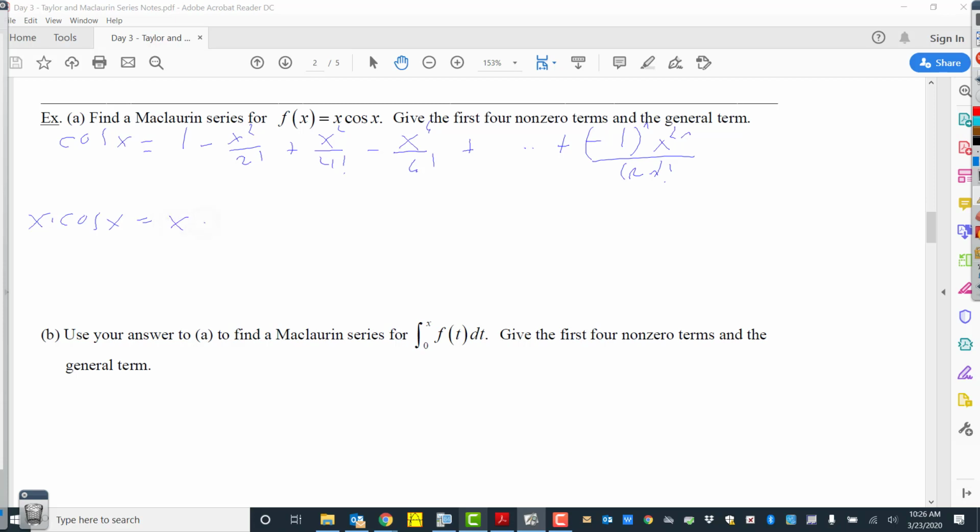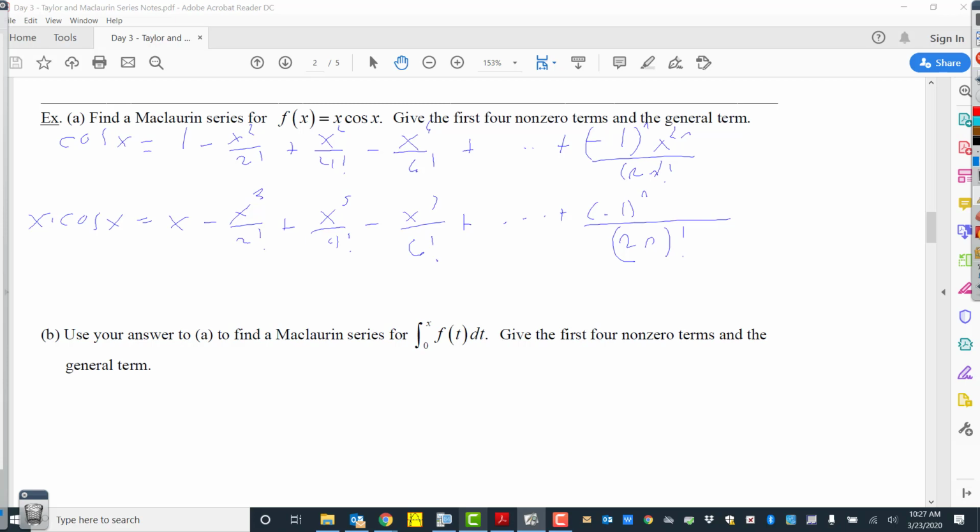We get x minus x cubed over 2 factorial plus x to the 5th over 4 factorial minus x to the 7th over 6 factorial plus dot dot dot plus negative 1 to the n stays the same, 2n factorial stays the same.